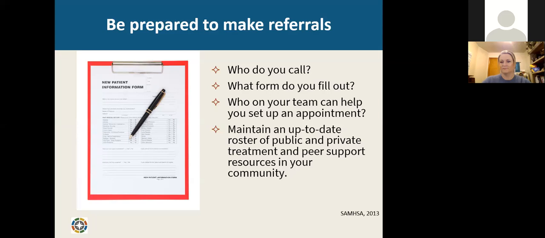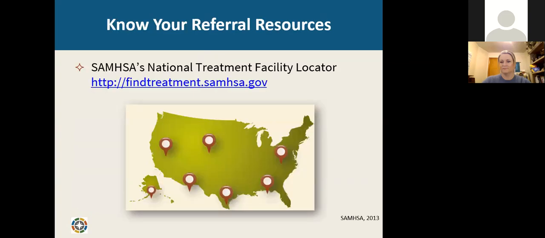There's a lot of aspects of that, but something simple as having a roster in our community, that's something a coalition can maybe help with to keep that up to date. Sometimes agencies come and go, things change, you know, what kind of insurance is taken. Those really important pieces can be very helpful to have a resource for within our communities.